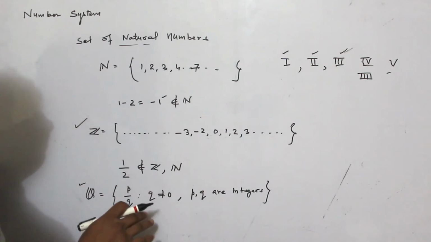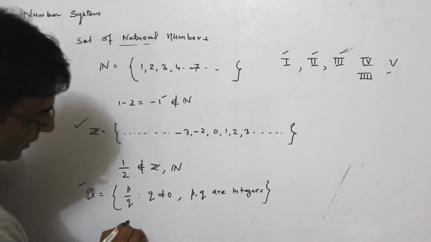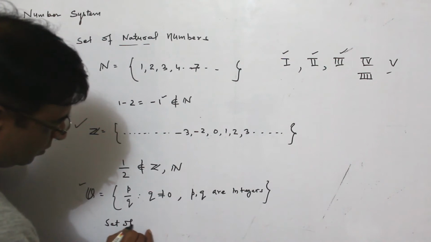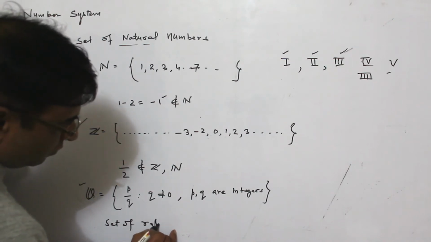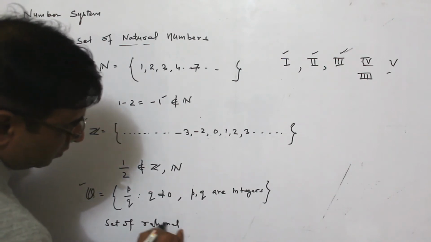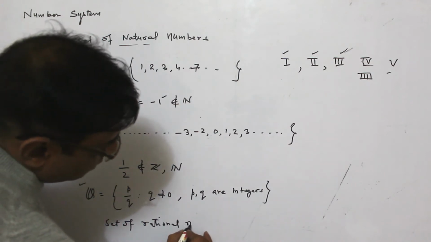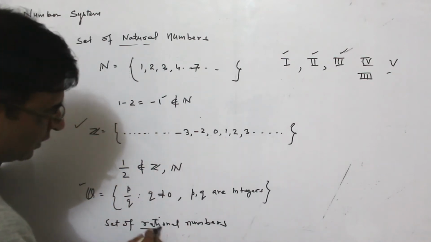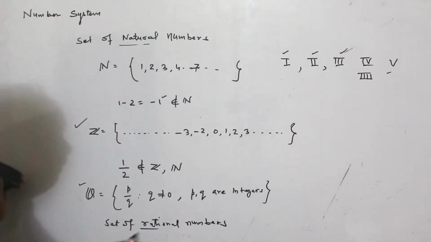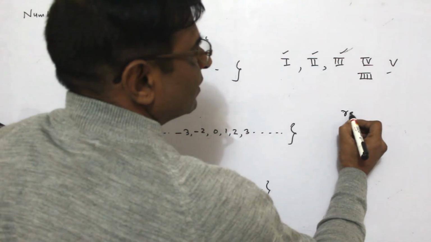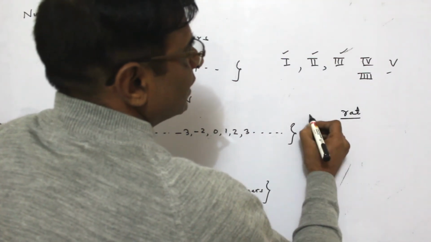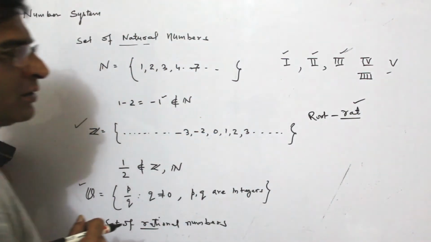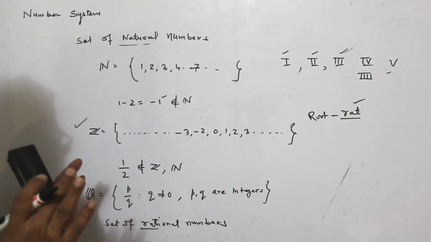This is the set of rational numbers. Rational also comes from a word root, rat, which means thinking.